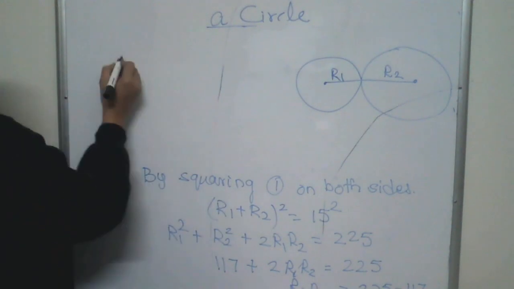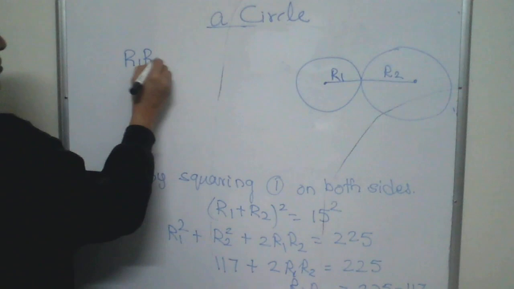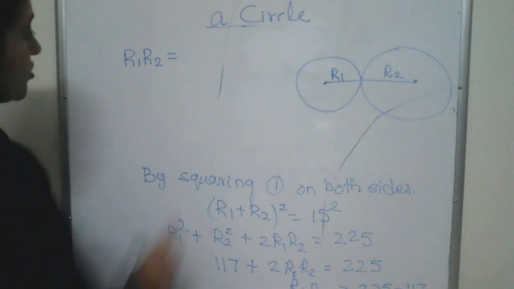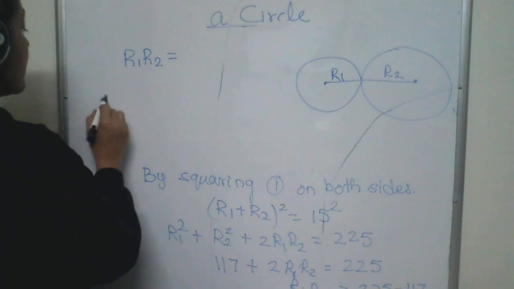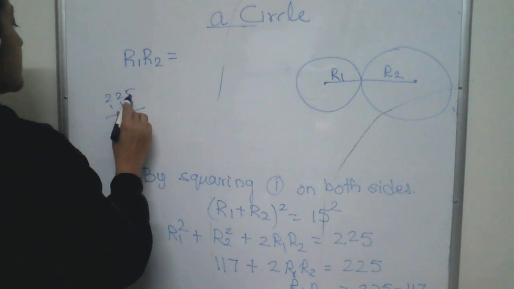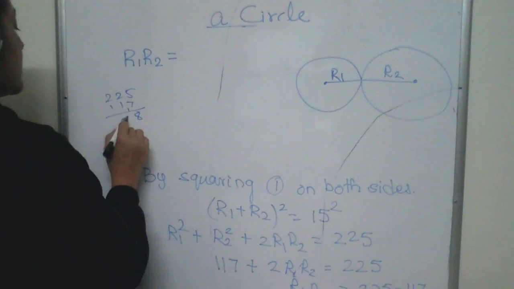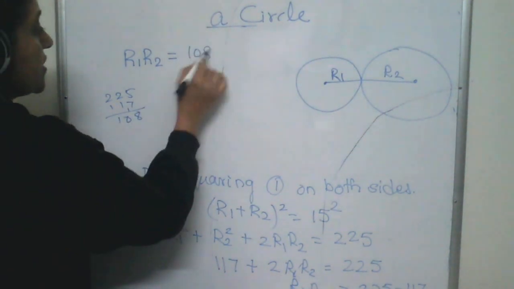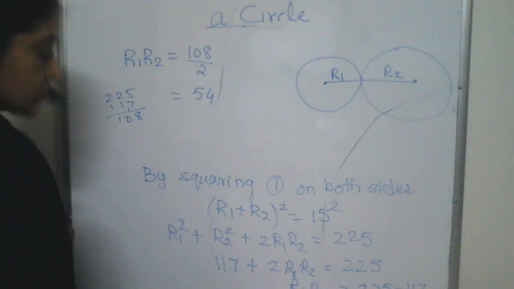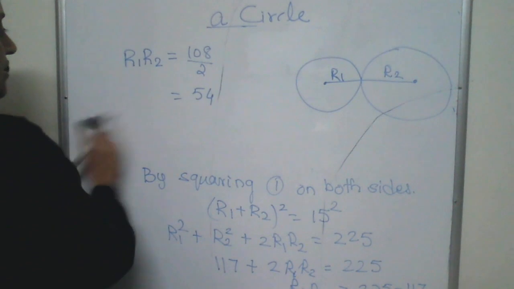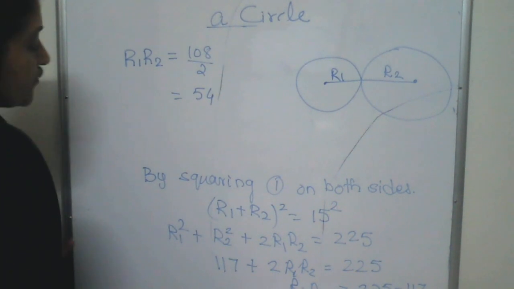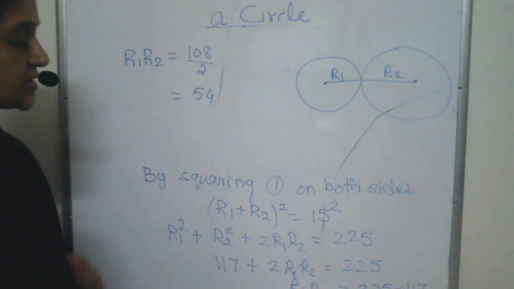When you subtract and divide, 225 minus 117 is 108, upon 2, so you will get 54. This is not any unit or anything, since they are in multiplication, so don't worry about it. So r1 r2 is 54. We have r1 plus r2.